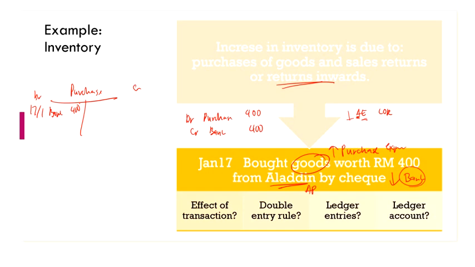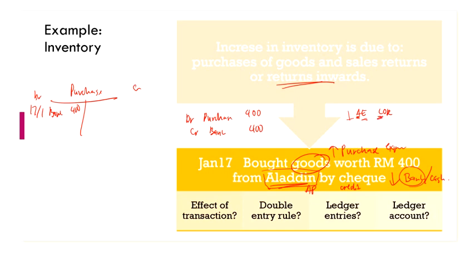Kenapa I tak buka account payable pada Aladdin ni? Aladdin ni dia cakap by check. Maksudnya ni dia bayar, tapi dia bayar menggunakan cek. So samalah bank ataupun cash tu sama je. Sebab tu dia takkan jadi sebagai kita punya liability.